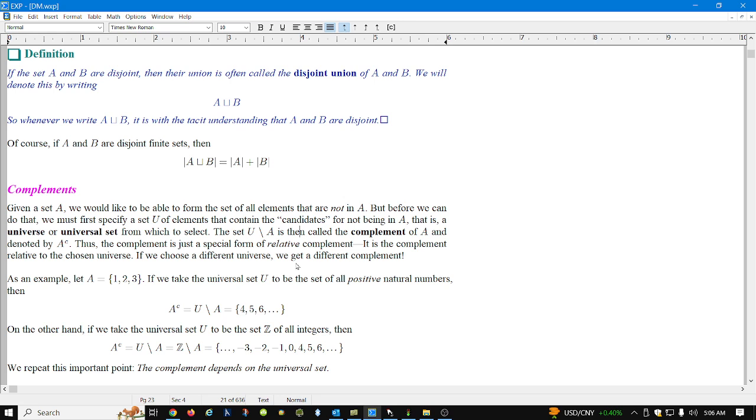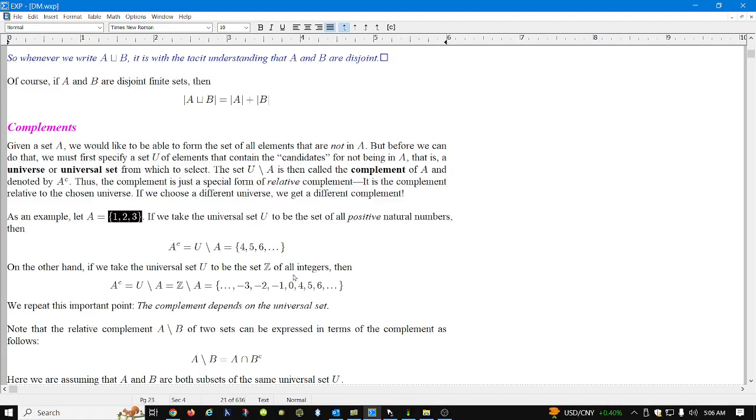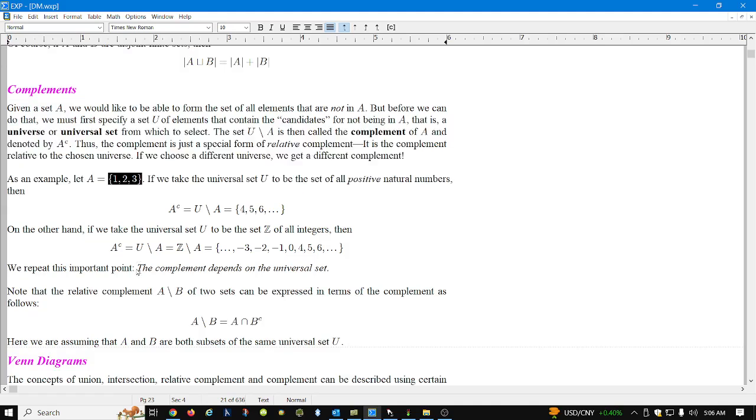Okay. So for example, if this is the set, and if the universe is the set of all positive natural numbers, then the complement of A starts at 4, 5, 6, and so on. It's everything in U that's not in A. But if the universe is the set of integers, the complement is considerably larger.